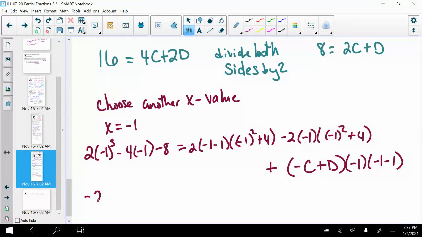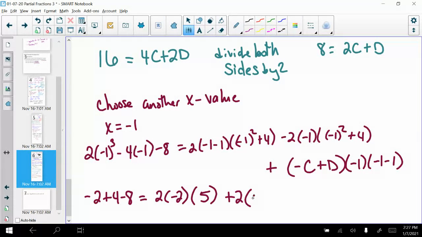So negative 2 plus 4 minus 8 equals 2 times negative 2 times 5, right? 1 plus 4. Plus 2 times another 5, right? 1 plus 4. Minus 2 times minus 1 is plus 2 times that negative c plus d first.